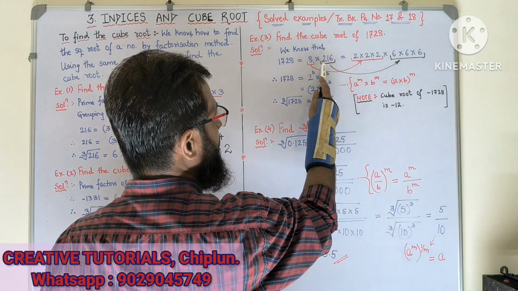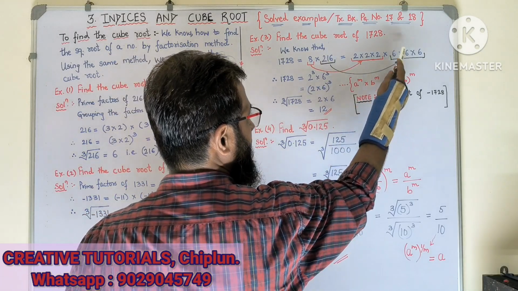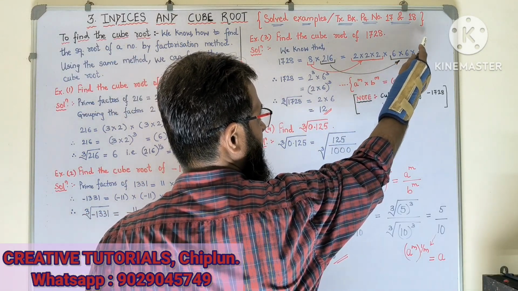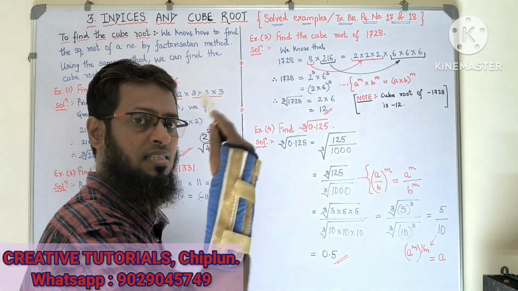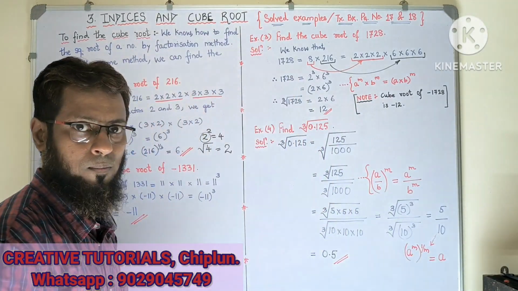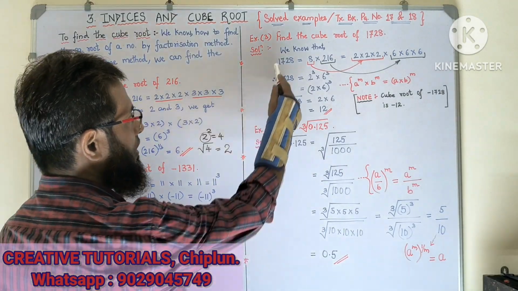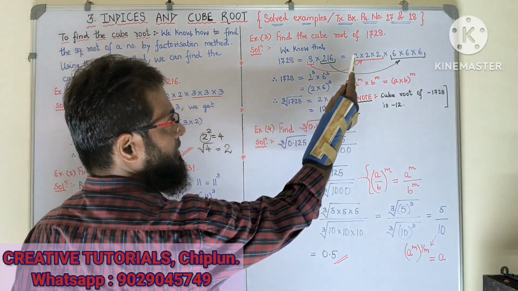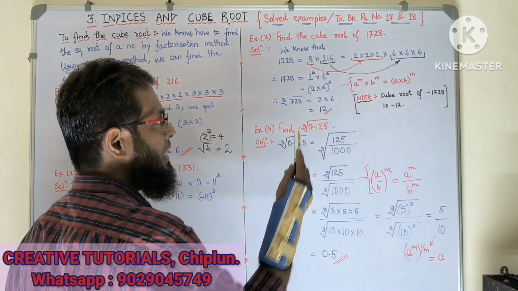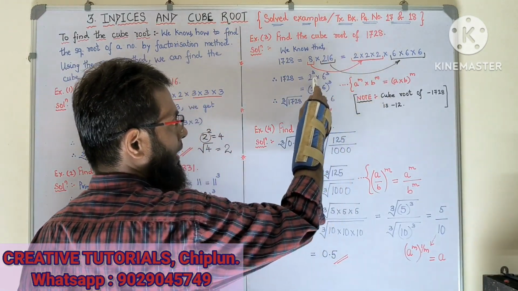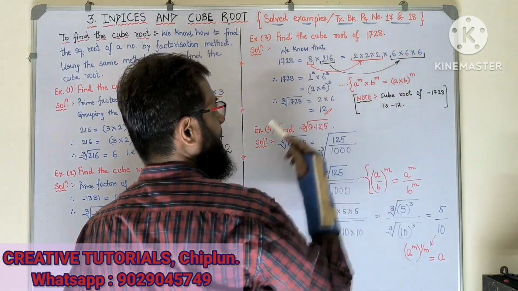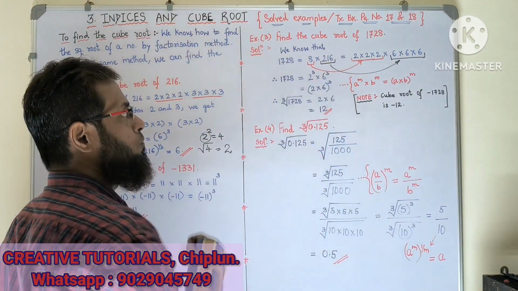Similarly this 216 I can split as 6 multiplied by 6 multiplied by 6, because 6 sixes are 36 and 36 sixes are 216. Therefore 1728 can be written as, since this number 2 has appeared thrice, 2 cube, and then multiplied by 6 cube, as this number 6 is appearing 3 times.